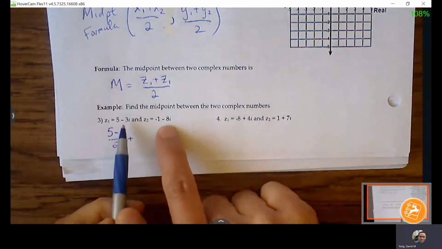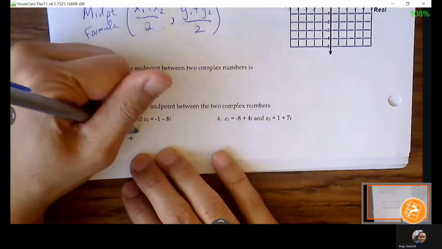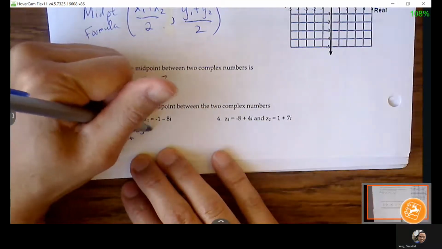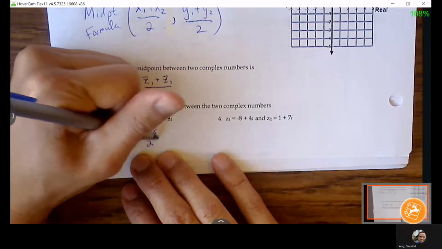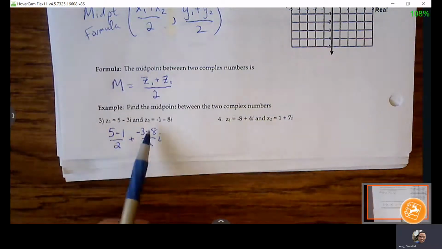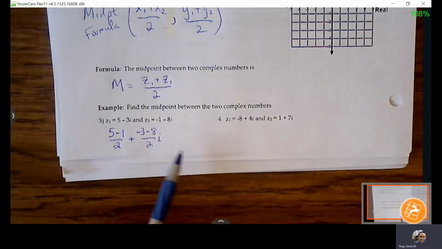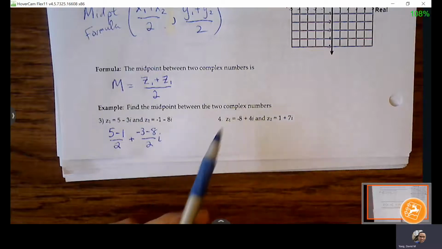And then the imaginary, whatever sign they give you, I'm just going to put them together. So they're both negative, so I'll say -3 and -8. So I found the average of the real component, I found the average of the imaginary component, and whatever I get in return is going to be the midpoint between the two complex numbers.